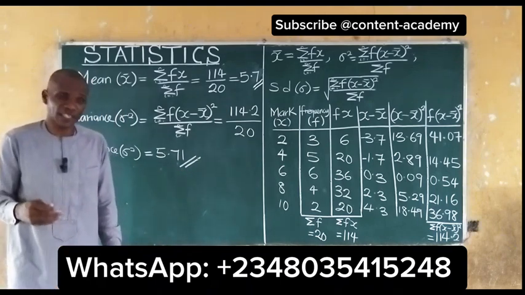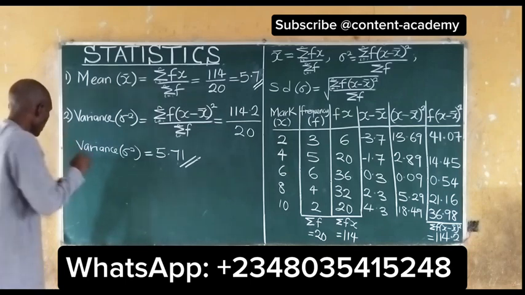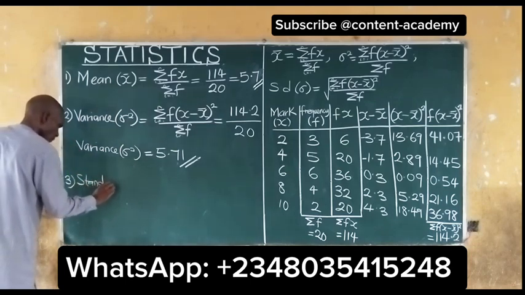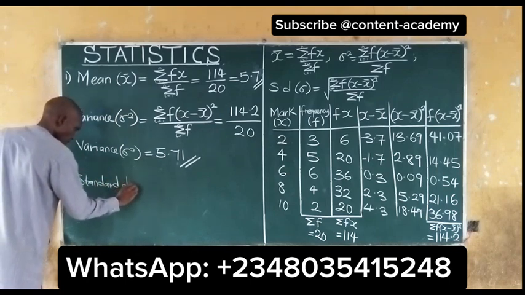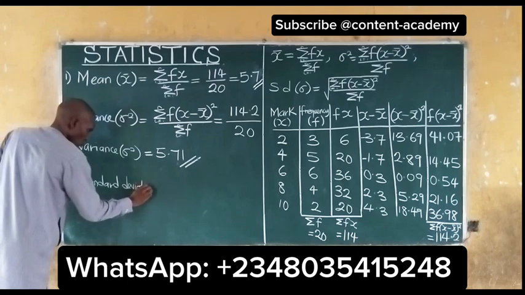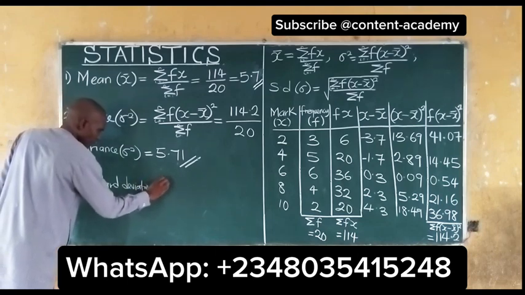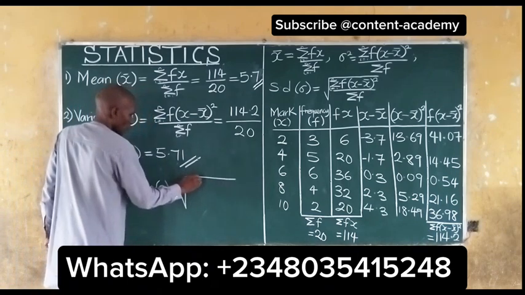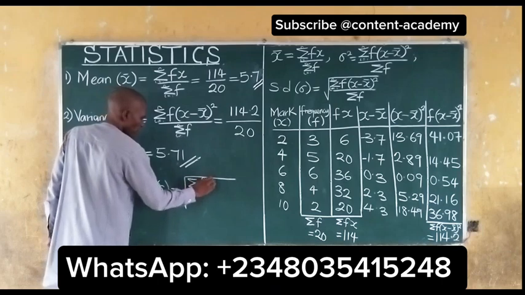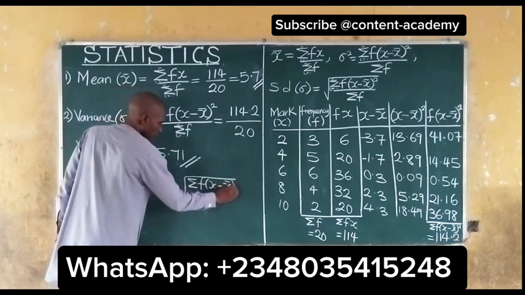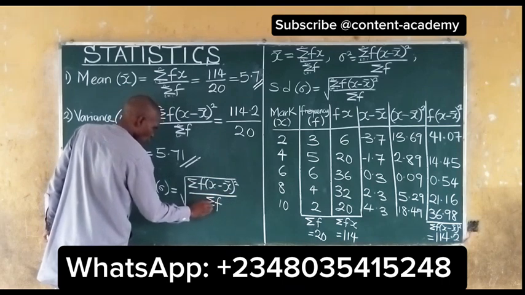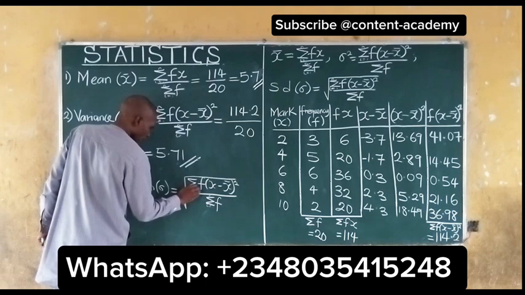Our standard deviation, which is written as sigma, is equal to the square root of the summation of f of x minus x bar all squared over the summation of f. Of course, we know this to be the variance.